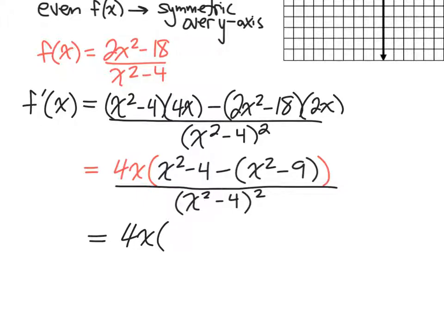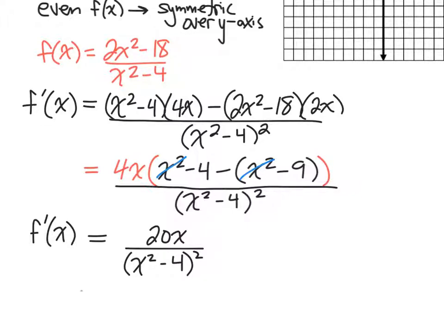All right, so the x squares will cancel. Negative 4 plus 9 will give you a 5, right? So actually, let me just put it all together. So 20x on top. And that would be my first derivative.